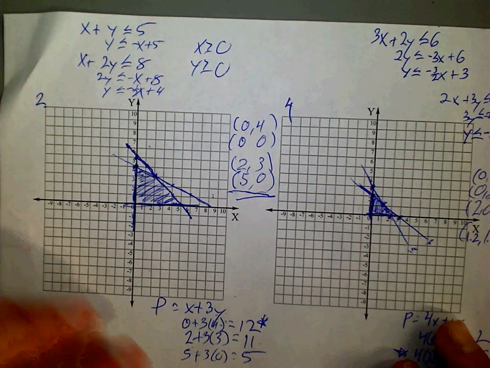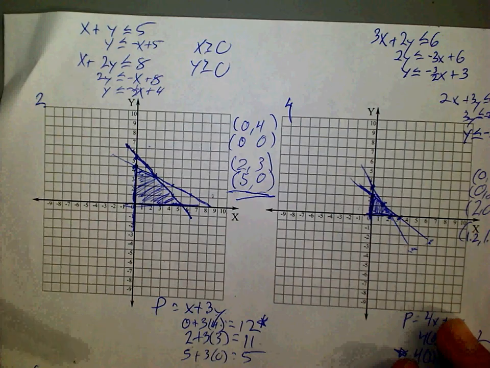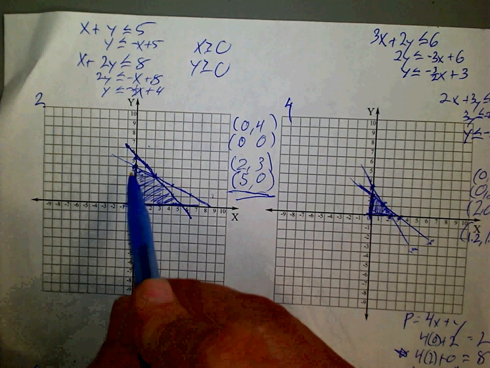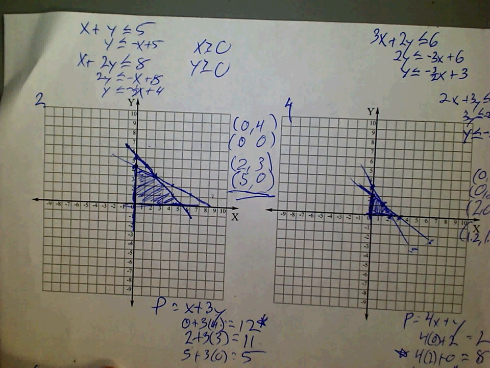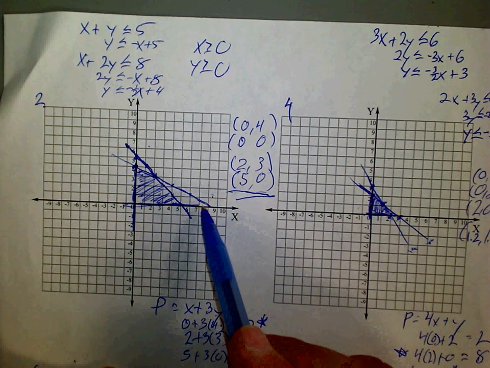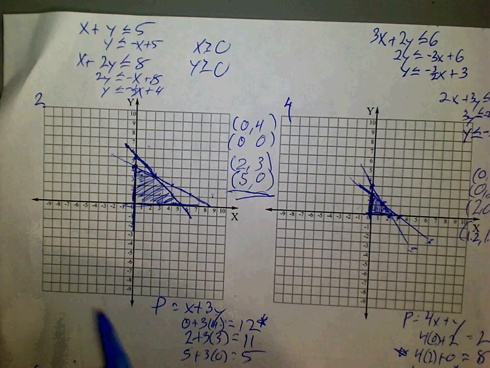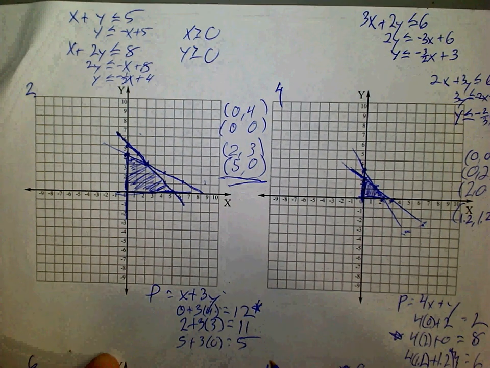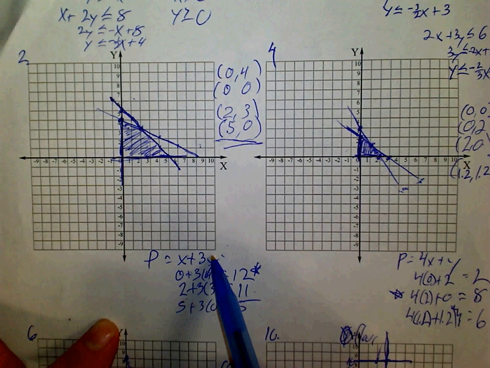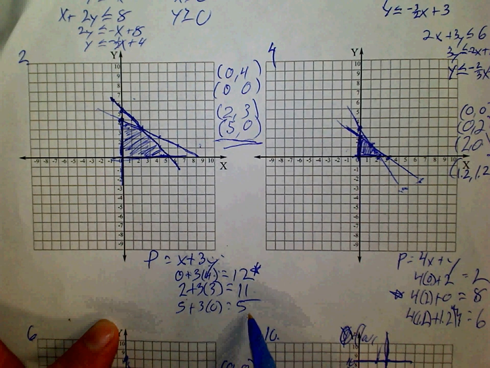I got 6, 0. It said 5, 0, and that would have given you a different value, wouldn't it? Yeah, so I got that. Well, 6, 0 would have just given you 6 right here, wouldn't it?